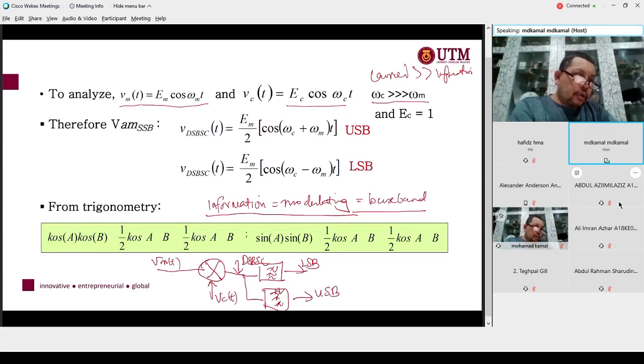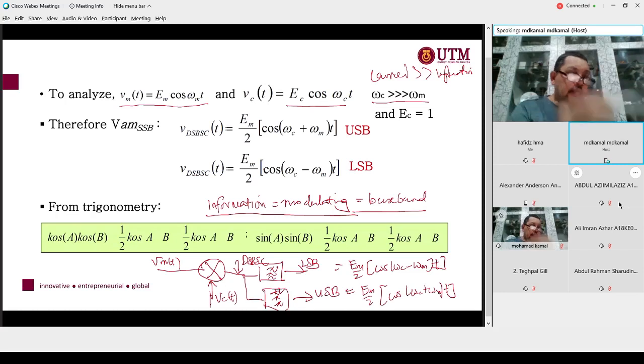So we can see the lower sideband is equal to EM over 2 cos of omega C minus omega M t. This one is EM over 2 cos of omega C plus omega M t. So you have two frequencies here, lower sideband or upper sideband. It depends on the application.